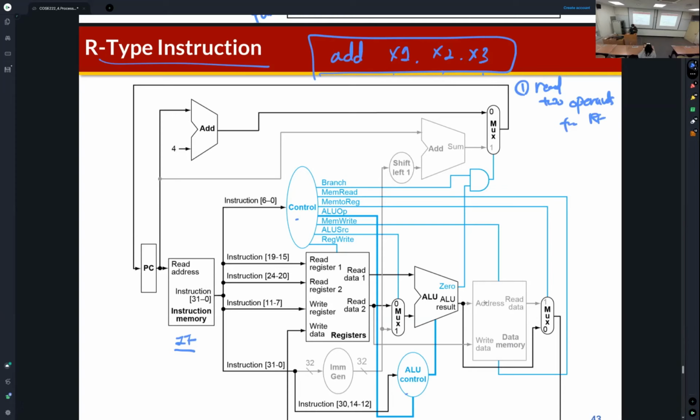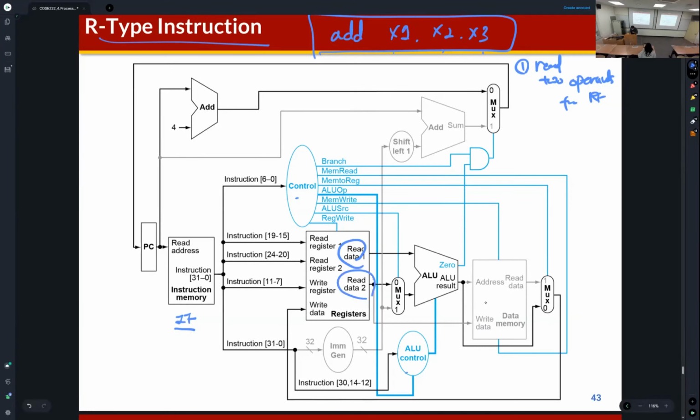And then these read operands are given to the ALU. First, you can find the read data 1 and read data 2 ports, right? These two ports are output ports of the register file.